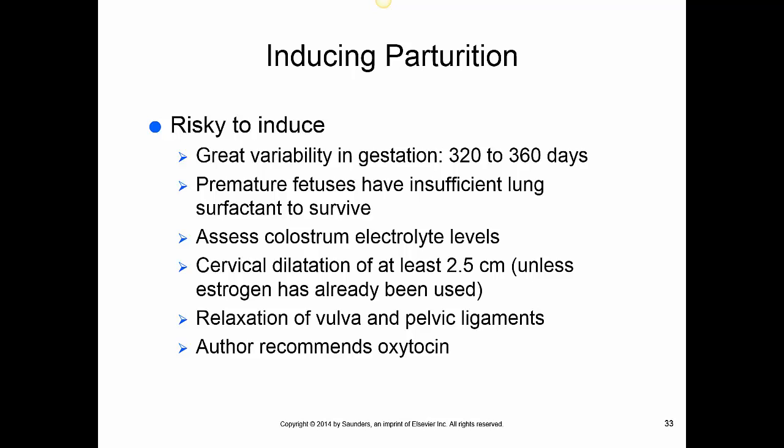And also, in other species, we can induce because it's the corpus luteum that decides when the calf is going to be born, when the kitten is going to be born, when the puppy is going to be born. In horses, it is the placenta and the foal that makes the decision. And the biggest problem that we have with inducing parturition in horses is the foals aren't ready to come out, and so their lungs are not developed enough to actually let them survive.